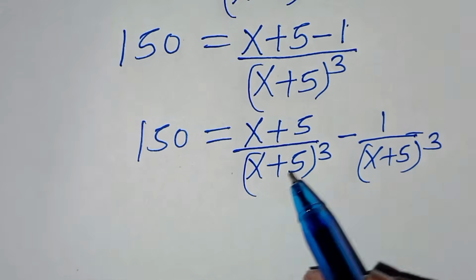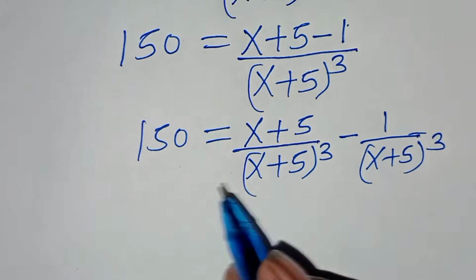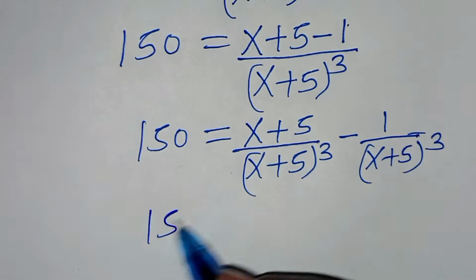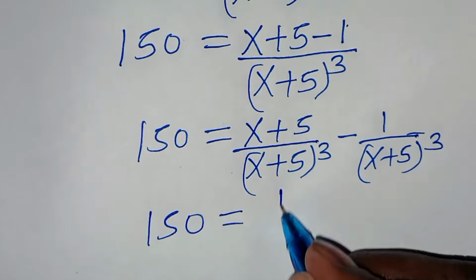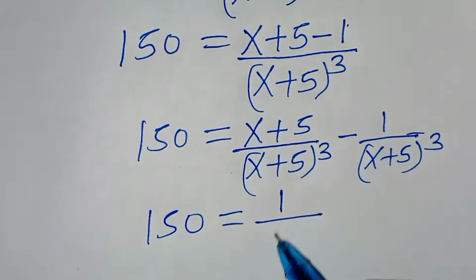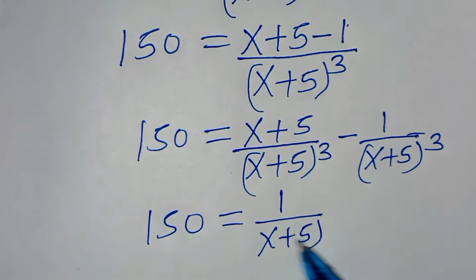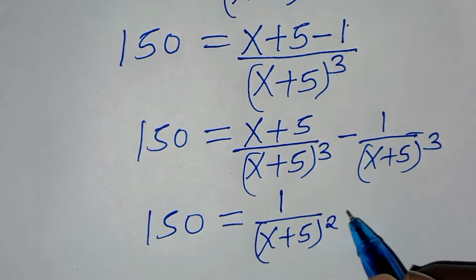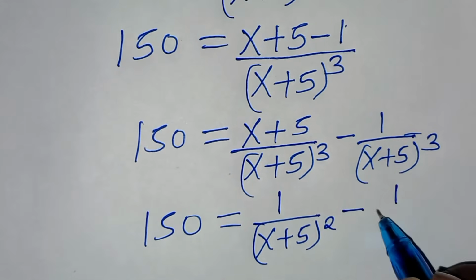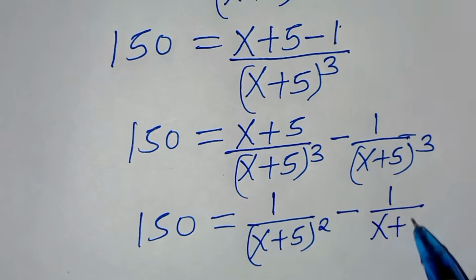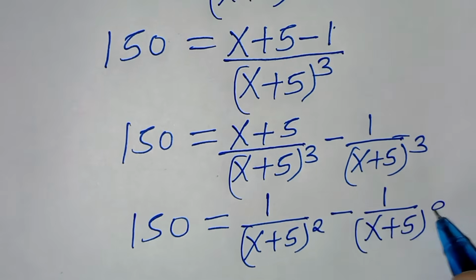Now, (x + 5) divided by (x + 5)^3 is the same thing as 1 over (x + 5)^2. So 150 is equal to 1 over (x + 5)^2, then subtract 1 over (x + 5)^3.